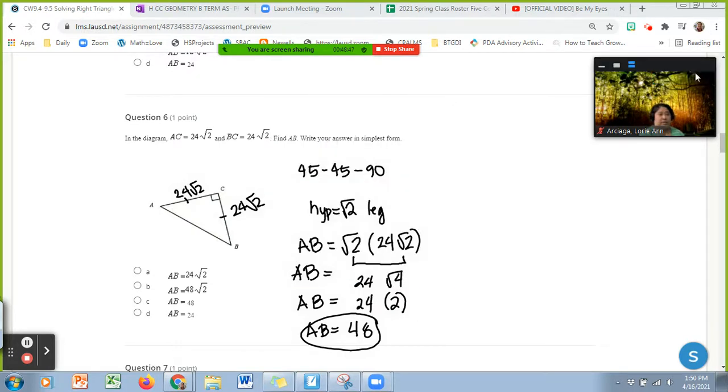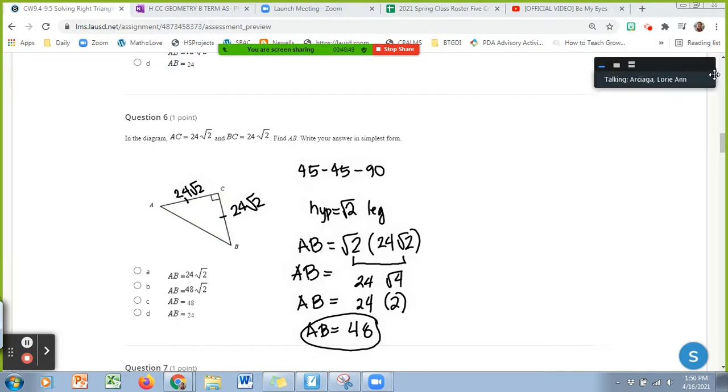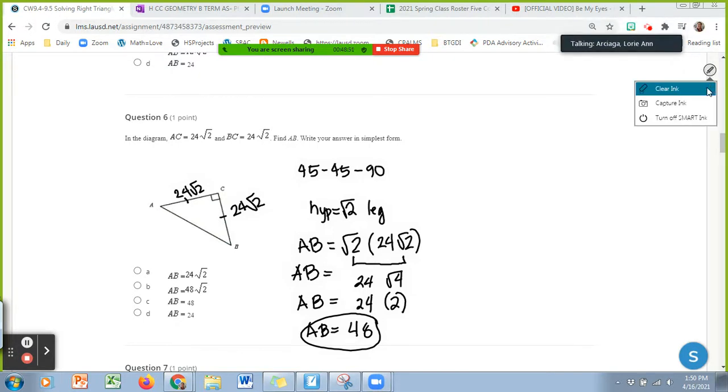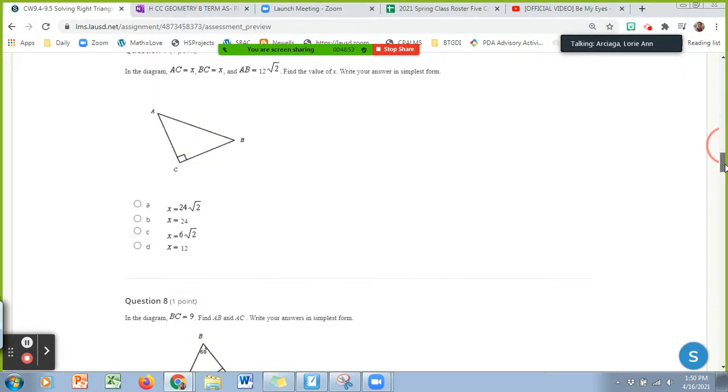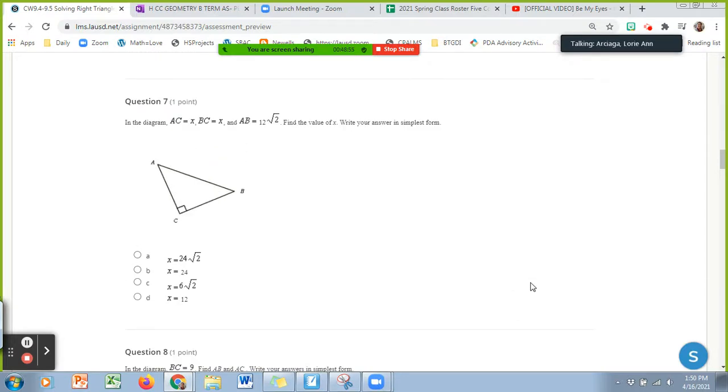All right, number 7. I'm going to scroll down to that. All right, in the diagram, AC is X and BC is X. And then this is 12 radical 2. So the first thing we're going to ask ourselves is, what kind of triangle is it? So if two legs are the same, it's the isosceles right triangle.